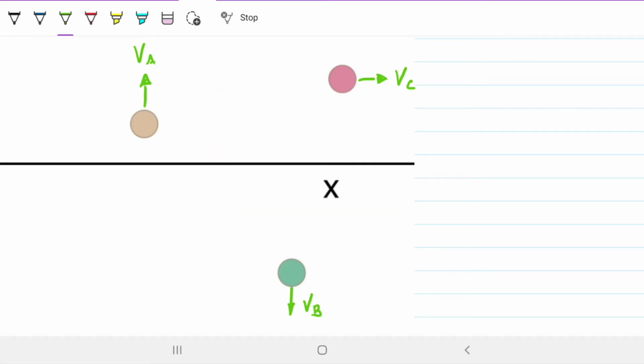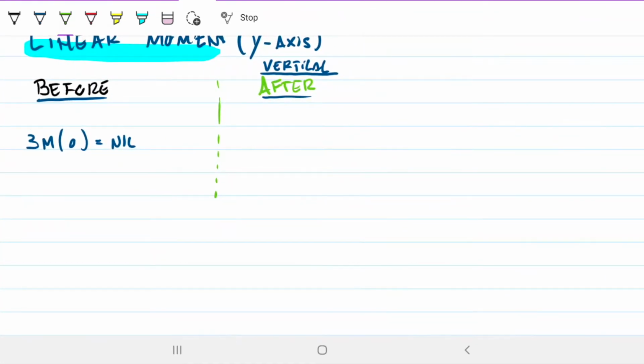So therefore, linear momentum in the y direction is going to be mass of A times velocity of A minus mass of B times velocity of B, because it's going in the negative direction. And we can also put here, if we want, mass of C times velocity of C in the vertical direction, which is 0, so it goes away.